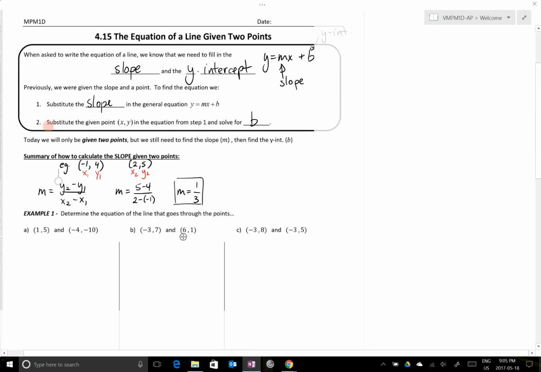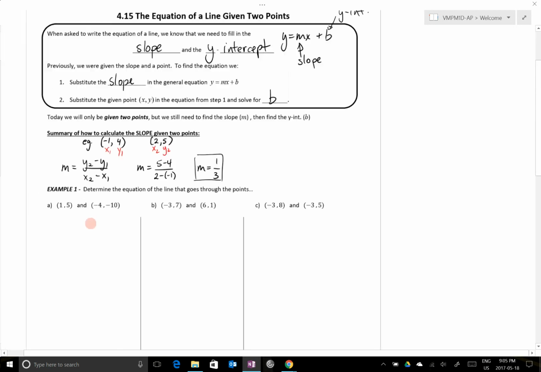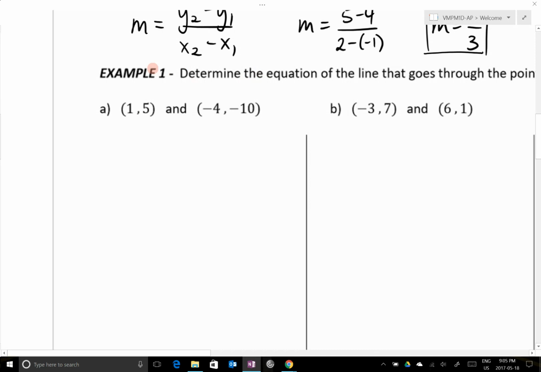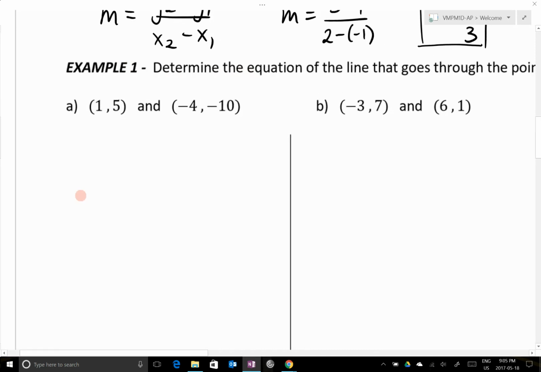So now let's expand that. Let's look at an example where I'm giving you 2 points, and I'm now asking you to determine not just the slope, but the entire equation of the line. So 1 and 5 and -4 and -10. 1 and 5 is going to represent my x1, y1, and -4 and -10 is going to represent my x2, y2.